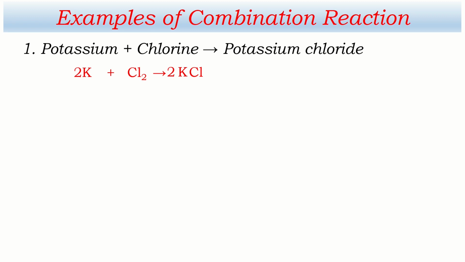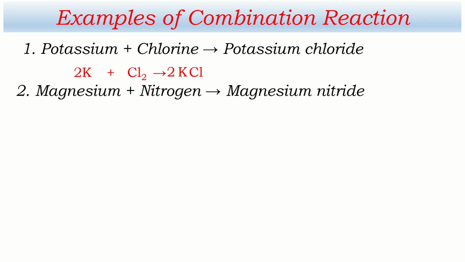Let's take another example of combination reaction. Magnesium when it combines with nitrogen, they combine with each other to form magnesium nitride. Now how to write the chemical equation? Mg for magnesium, nitrogen is diatomic, that's why we have to write N2, not only N. And when they combine, magnesium Mg, nitride means nitrogen is combined.